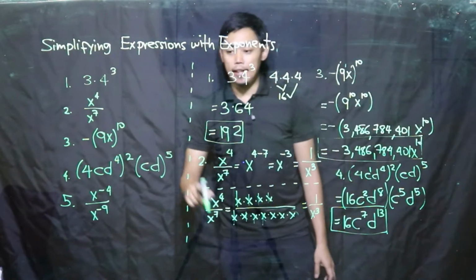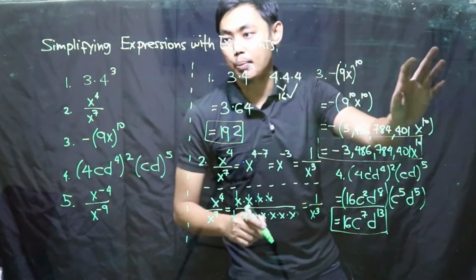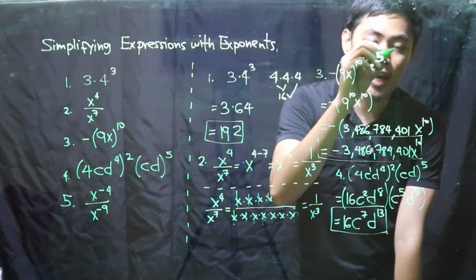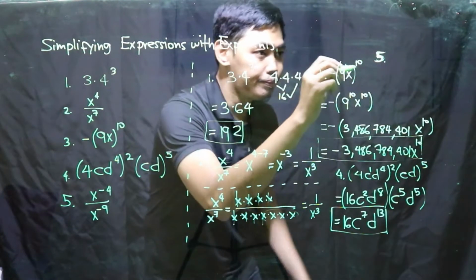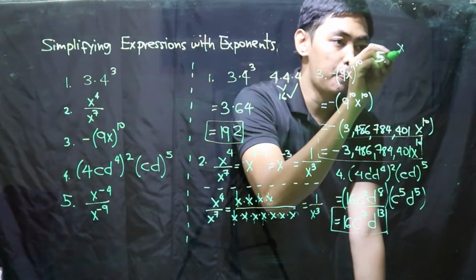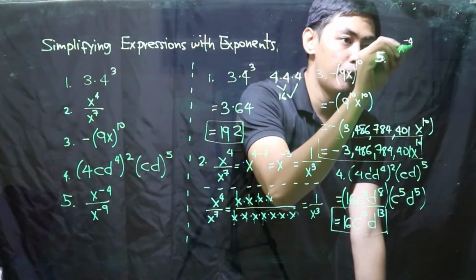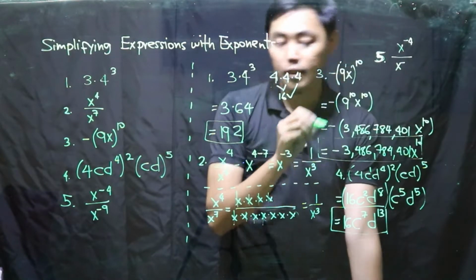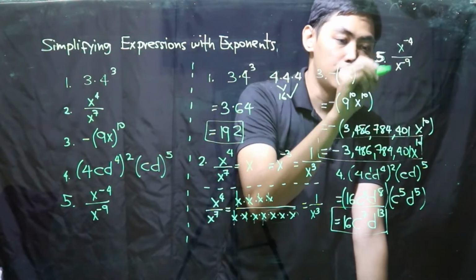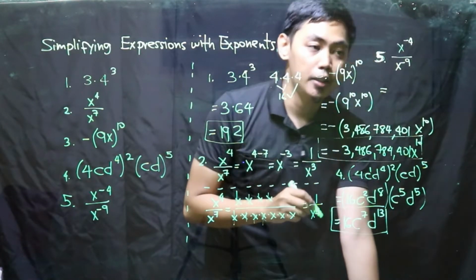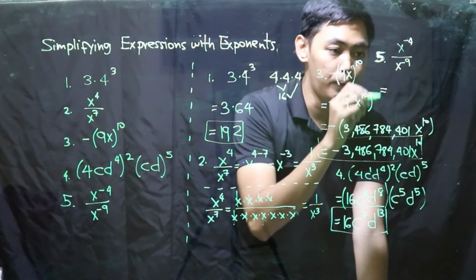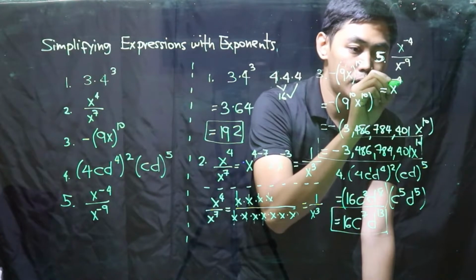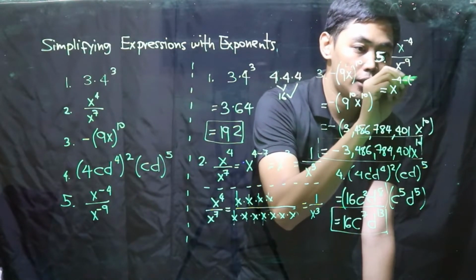And lastly, number 5. We have x to the power of negative 4 over x to the power of negative 9. Following the quotient rule, we subtract: x to the power of negative 4 minus negative 9.